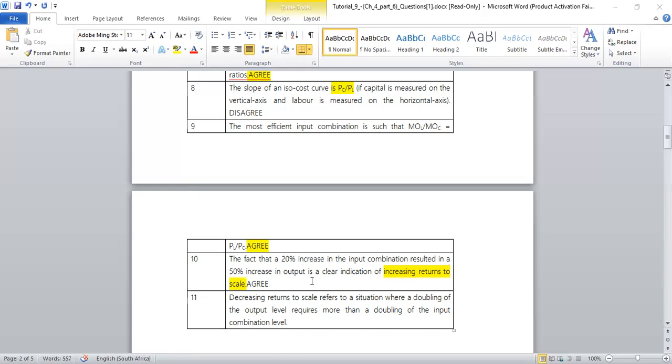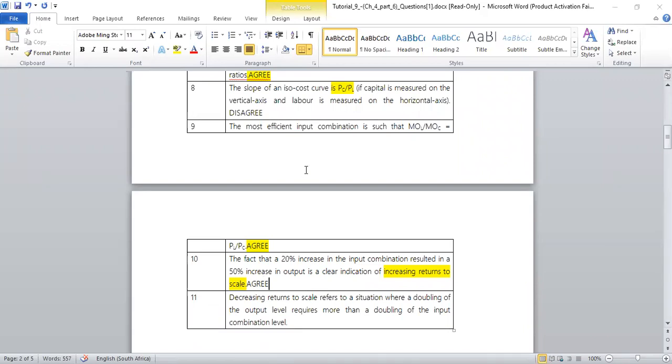It's a constant return to scale. But in this case, our outputs are higher than our input. So it's an increasing return to scale. If there's a decreasing return to scale, which means we are investing more input, but our output is less.